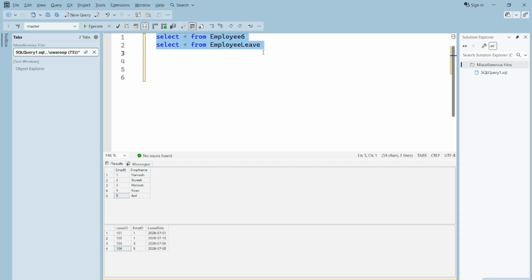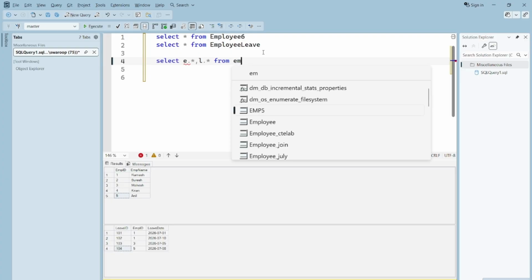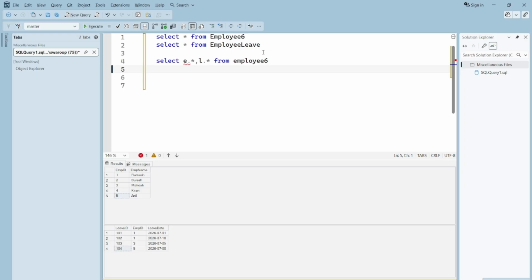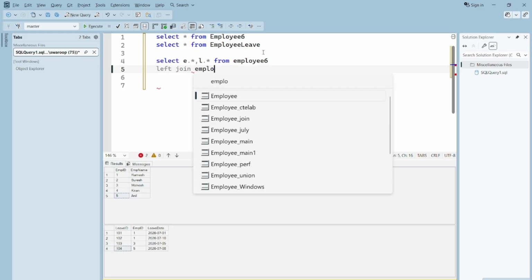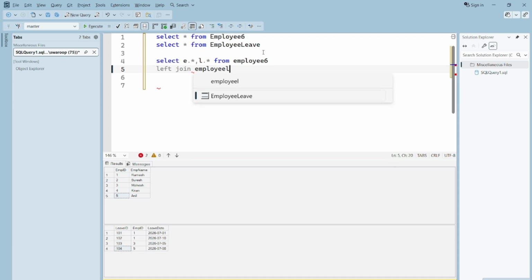Let me explain the same question here. Left join. I'm giving alias L for the leave table and alias E for the employee table.